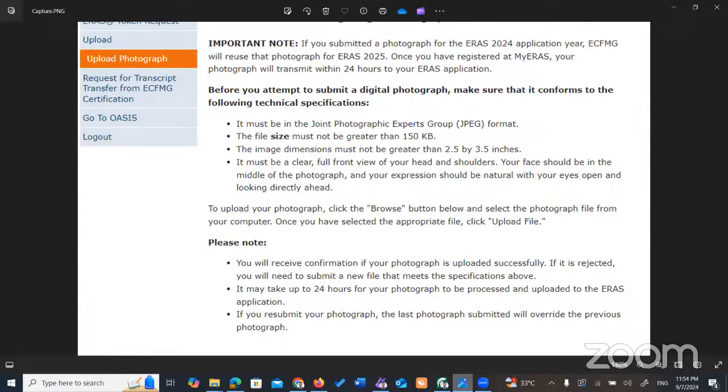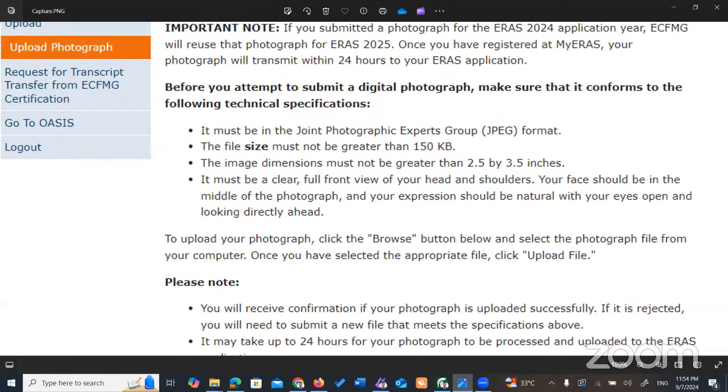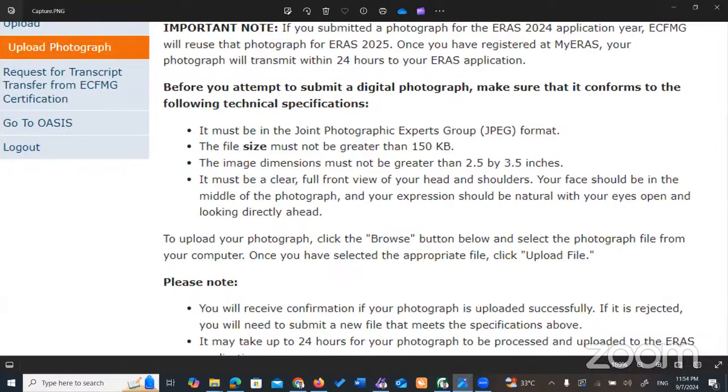Speaking of the ERAS, you can see on the website, on the OSIS portal and on the ERAS website as well, that the picture has to be in JPEG format, the file size must not be greater than 150 kilobytes, and the dimensions must not be greater than 2.5 by 2.5 inches.